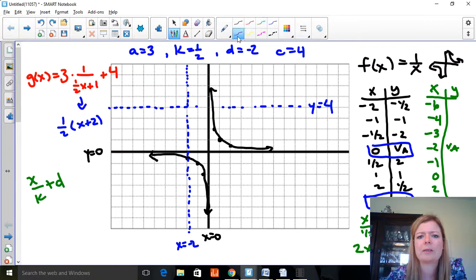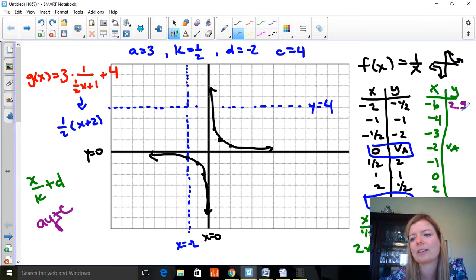Now what's going on with my y's? I always do ay plus c. So 3y plus 4. 3 times -1/2 is -1.5, and -1.5 plus 4 is 2.5.